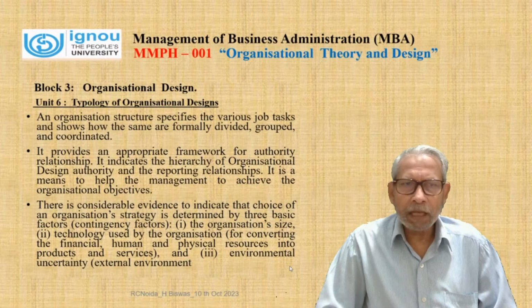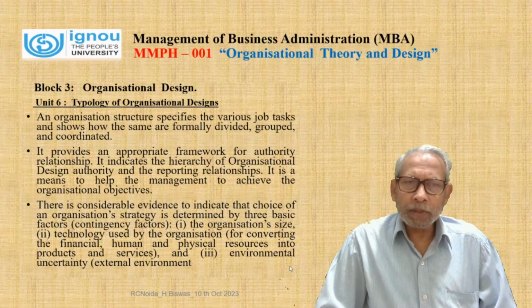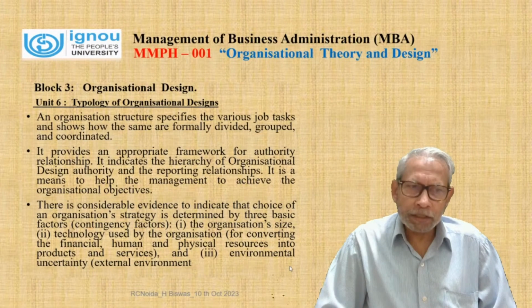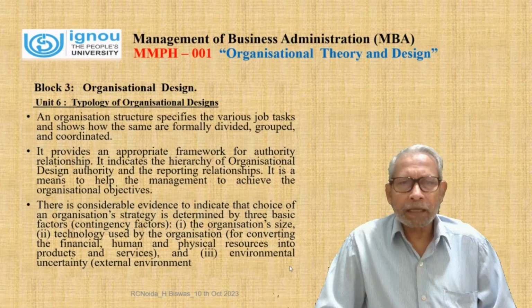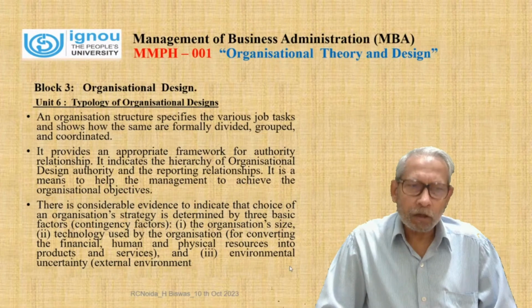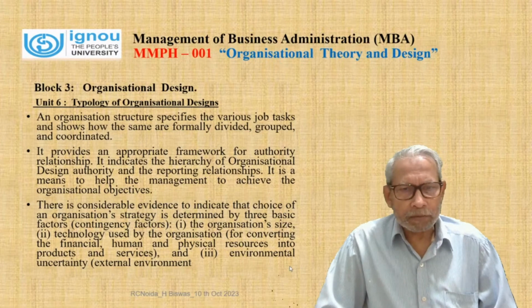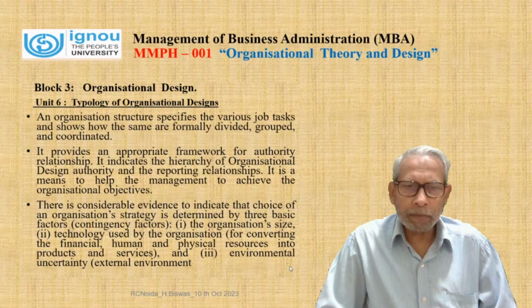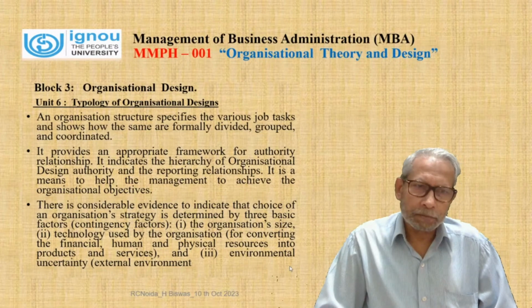That is basically the idea of these structures. It provides the appropriate framework for the authority relationships, and it indicates the hierarchy of the organizational design, authority, and reporting relationships.